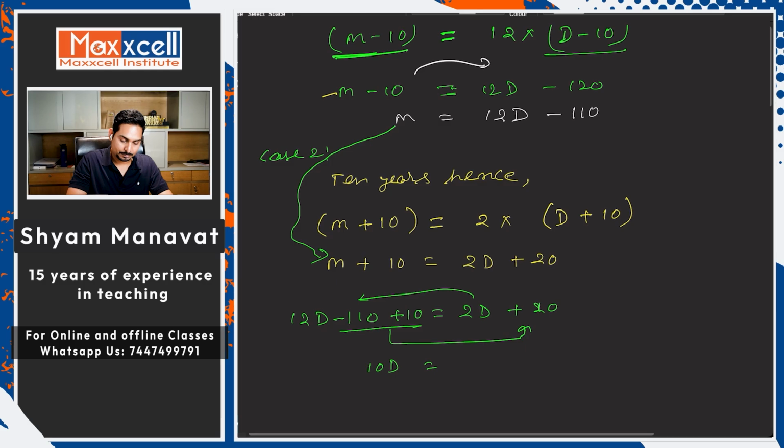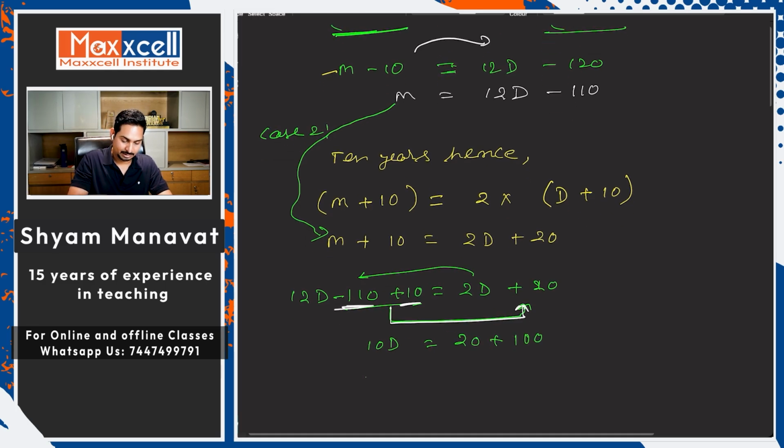Okay, that is equal to, minus 110 plus 10 will be minus 100. ये अगर राइट हैंड साइड जाता है तो हो जाएगा plus 100. सो 20 यहाँ पे है, plus 100 भी हो गया, तो कितना हो जाएगा? 120.